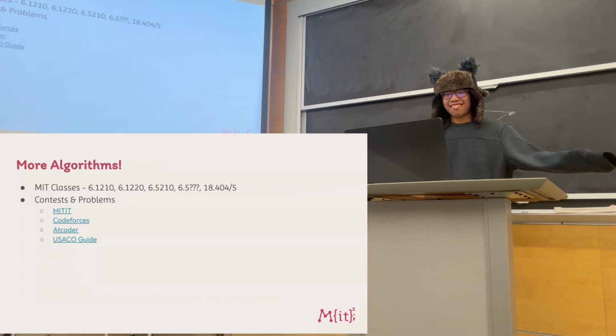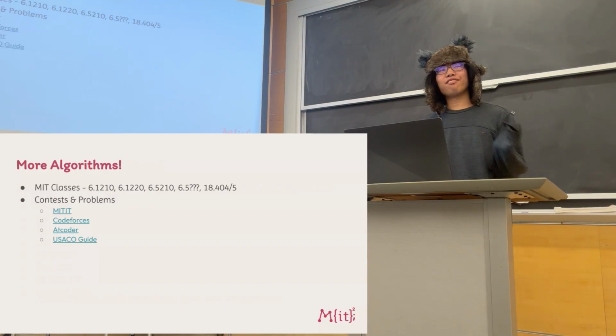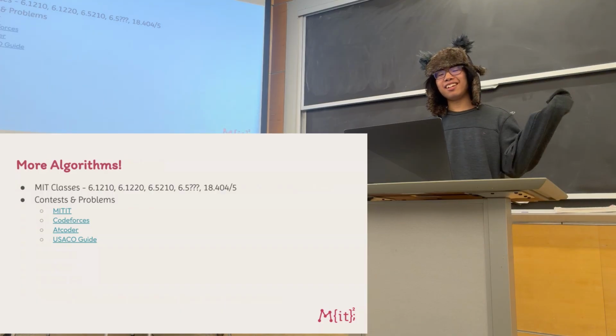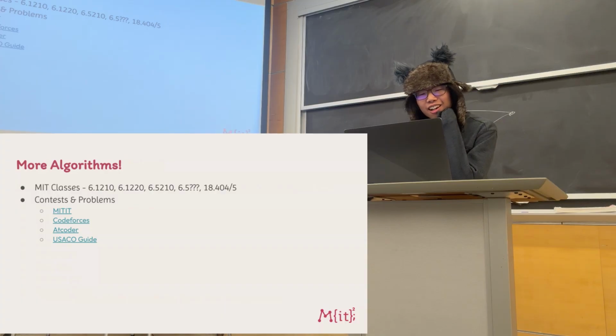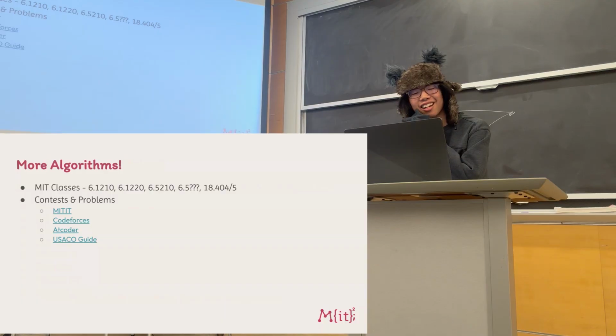And 18404. I think 18404 is a pretty interesting advanced class that goes over P and NP and stuff. Or you could just solve problems on your own on MIT IT, Codeforces, AtCoder, or USACO Guide, or any other website like DMOJ, or VJudge, where we host a lot of our problems.